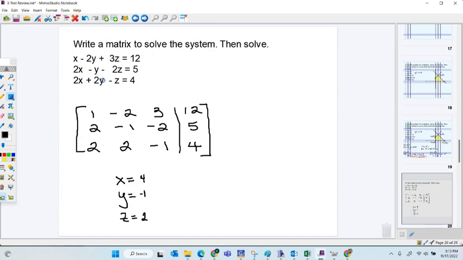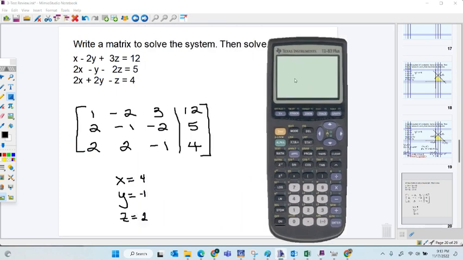Writing a matrix to solve, as you know, you put in the coefficients. I think you guys were fantastic at that, but just to show you one more time. This is the answer that you eventually get, but we would go into your matrix. We would edit your matrix.